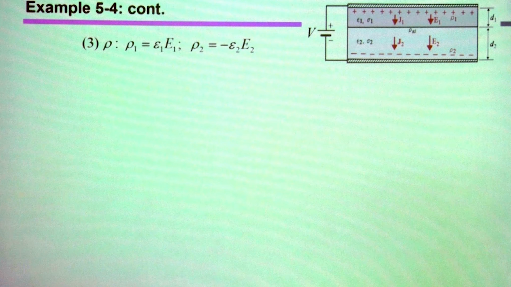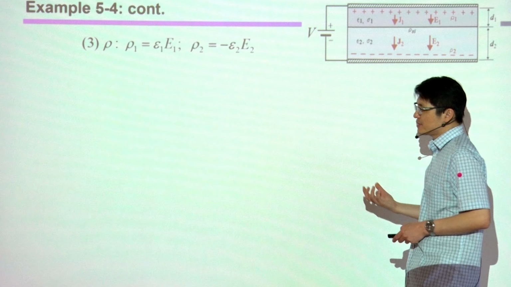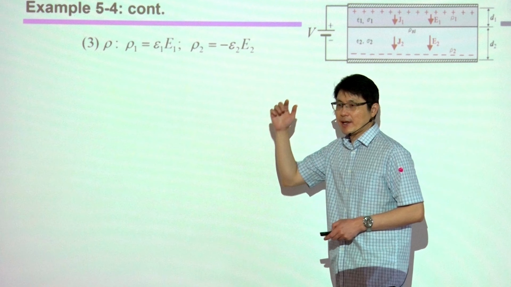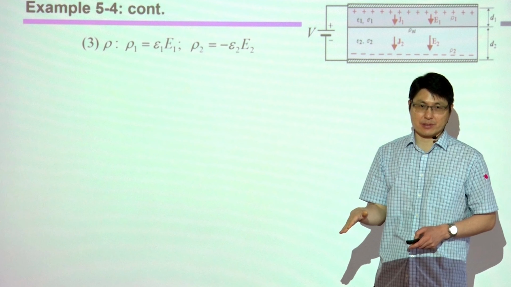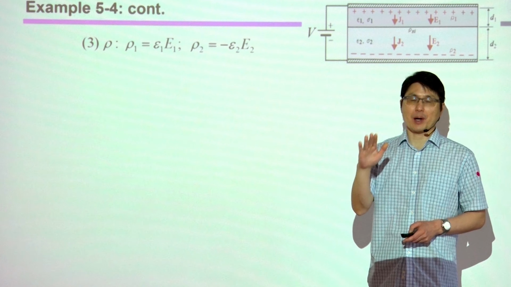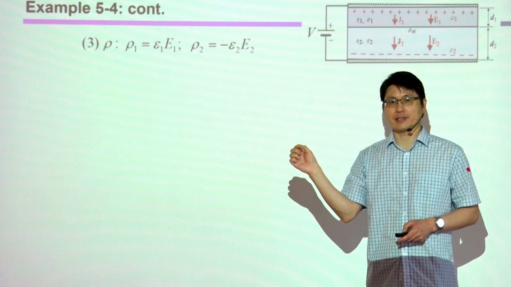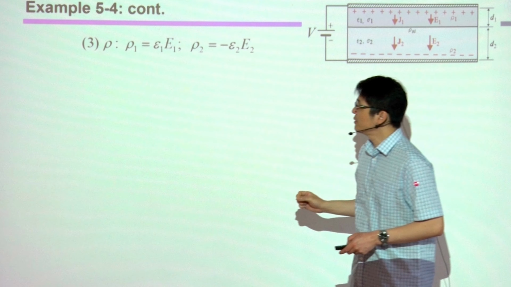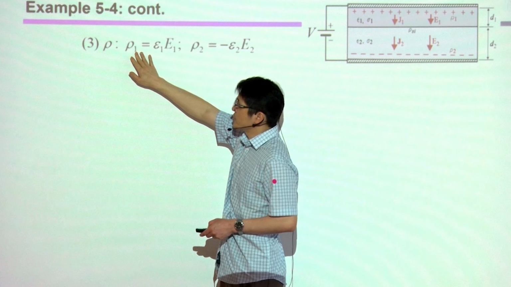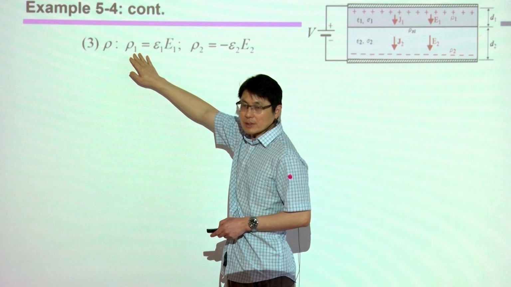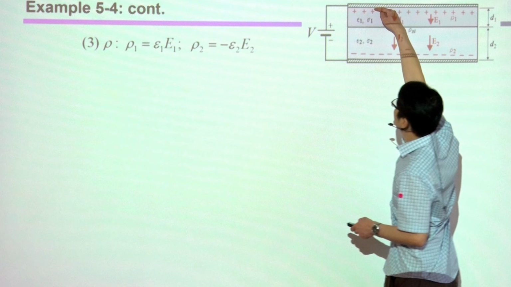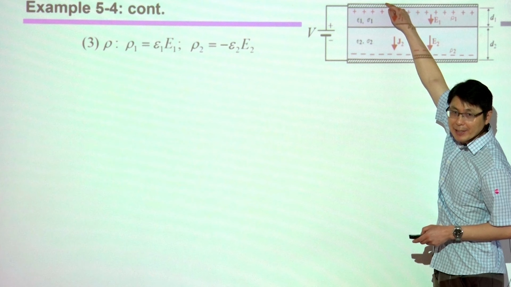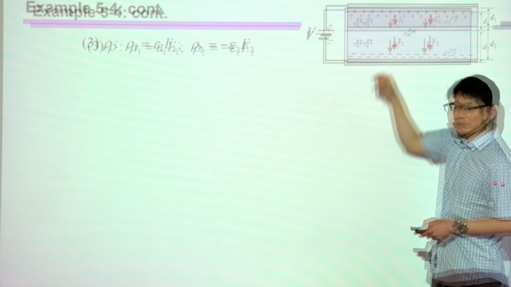But the problem comes for the charge densities. Again, as I emphasized, we have three interfaces. So you have to properly formulate or evaluate all surface charge densities. Now the first one is quite straightforward. I mean, rho 1 is the surface charge density across the top metal dielectric interface.